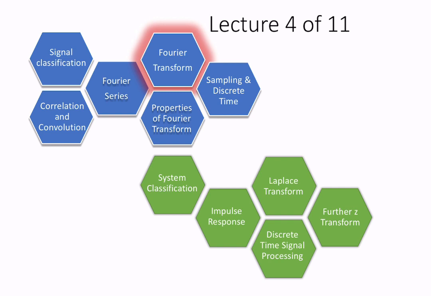Okay, so on to our topic. We're going to talk about the Fourier transform this week and next week. We're going to look at this over 2 weeks, and you're going to have a class test covering both of these. So class test 3 will cover the Fourier transform and properties of the Fourier transform.